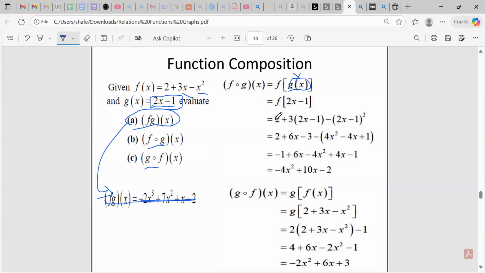So we got 2 plus 3 times, we're not putting just x now, we're putting the whole gx, minus gx, which is 2x minus 1, squared. So instead of this x, we put in the whole of gx, which is 2x minus 1.